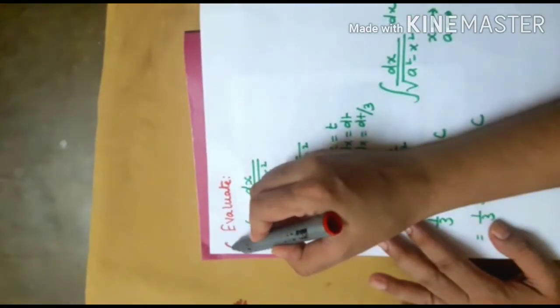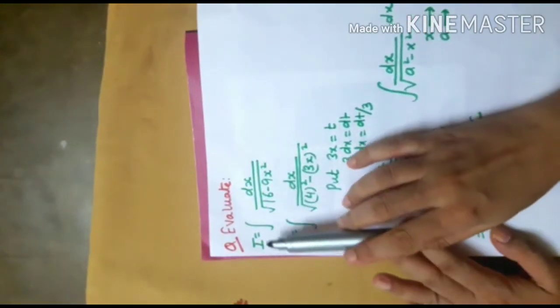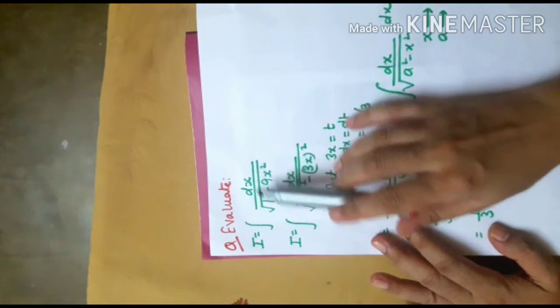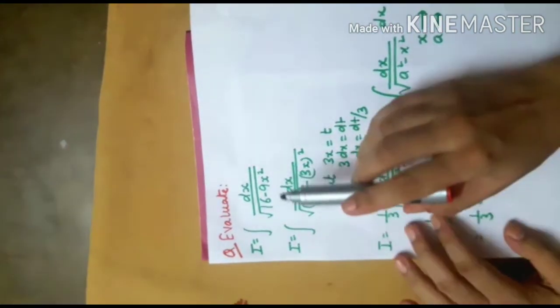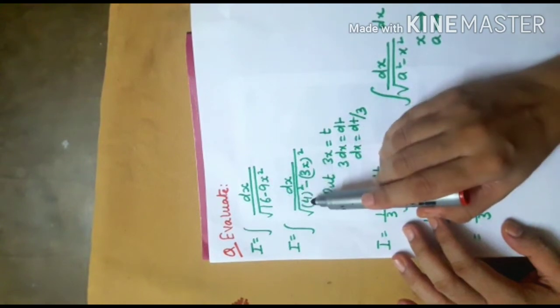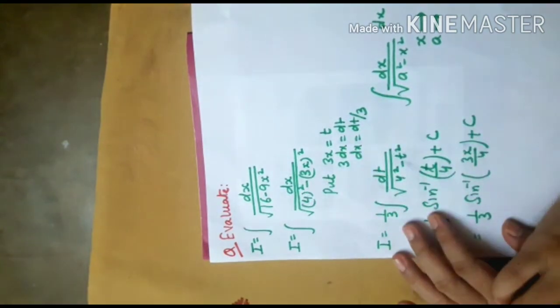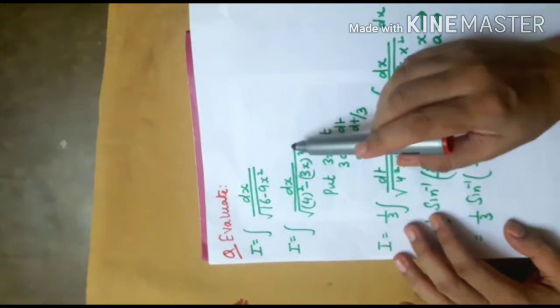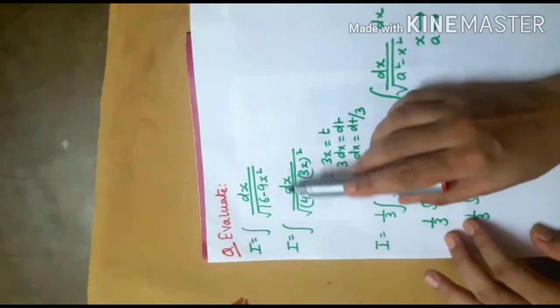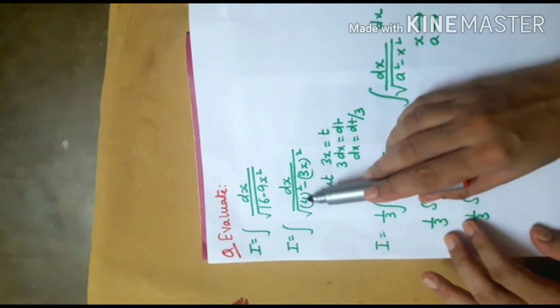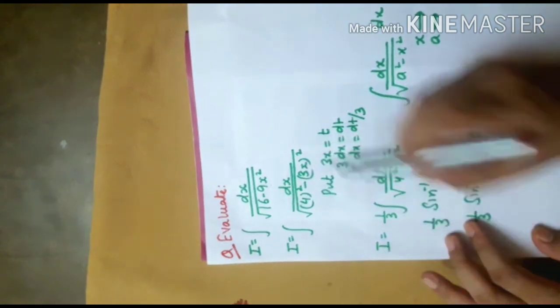Yes, let's take a question. Evaluate I equals integral dx over square root of 16 minus 9x square. I can write 16 as square of 4 and I can write 9x square as square of 3x. So I'll get integral dx over square root of 4 square minus (3x) square.